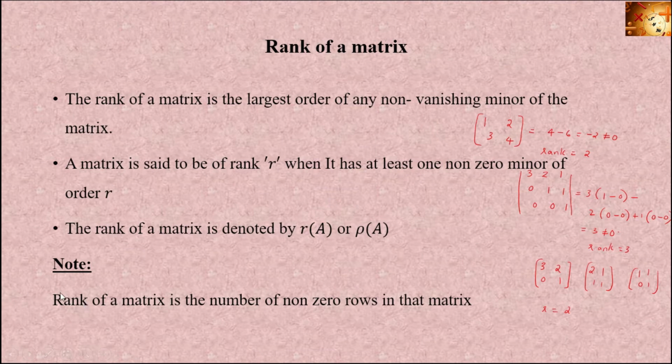So we usually use this formula: the rank of a matrix is the number of non-zero rows in that matrix after row reduced form. After row reduced form, check how many non-zero rows there are, then that number is taken as the rank of the matrix.